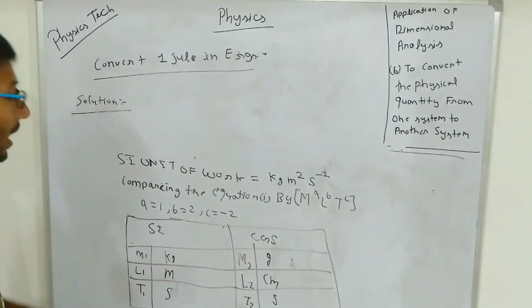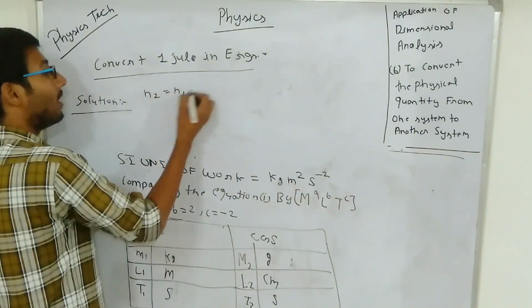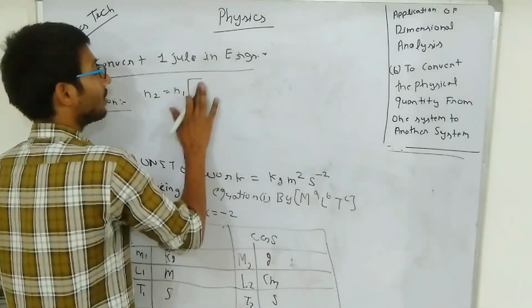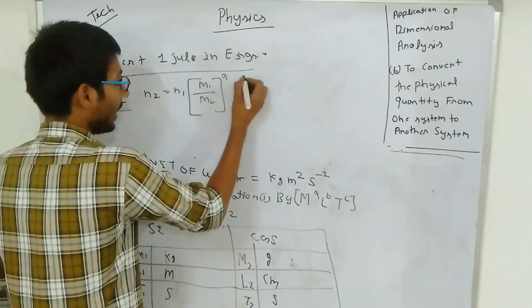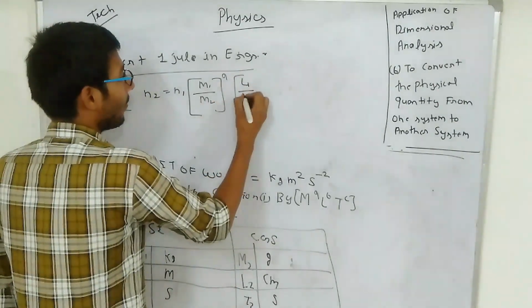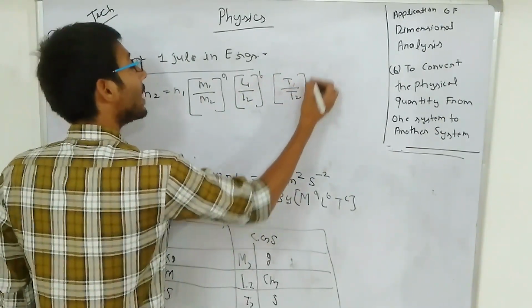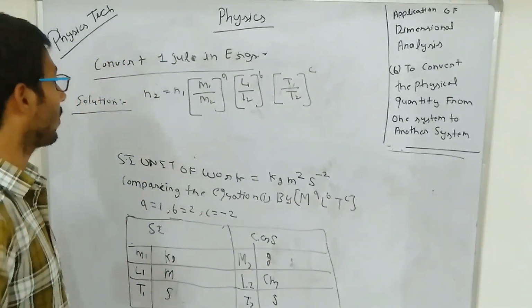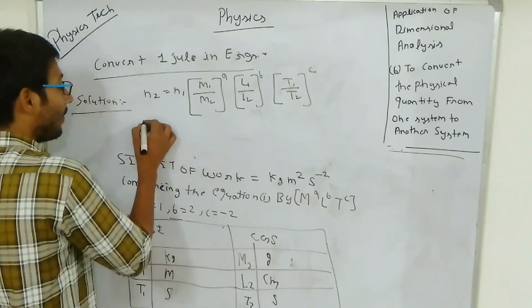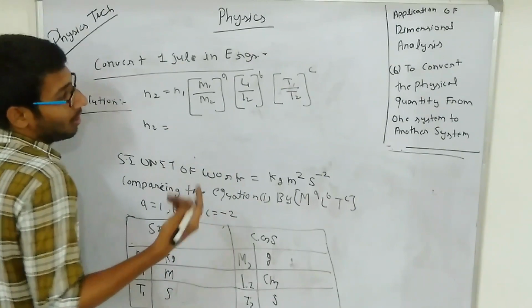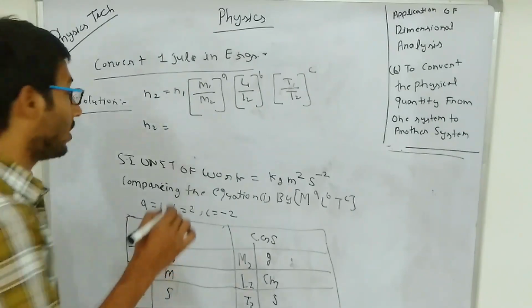After that, we put all these values in this equation. What is the equation? N2 is equal to N1 times M1 upon M2 to the power A, L1 upon L2 to the power B and T1 upon T2 to the power C. Now putting the values of A, B and C: N1 does not have any numerical value, so N1 is 1.